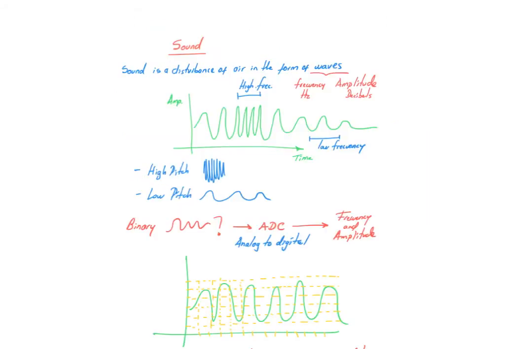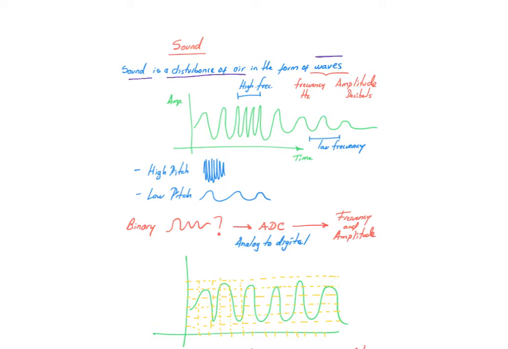Now, sound. Since we mentioned before, everything that is data in the computer needs to be represented in bits, and it should have a numeric representation. Sound is not an exception. So what we know about sound is that a sound is a disturbance of the air in the form of waves, right?